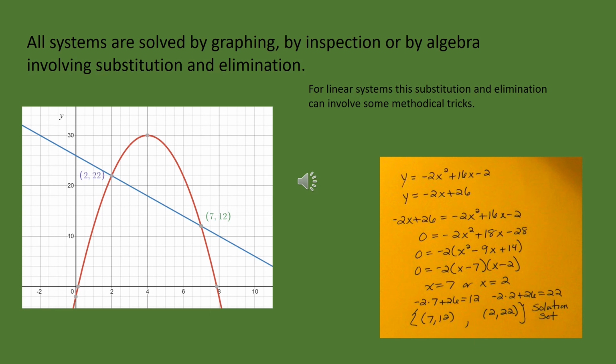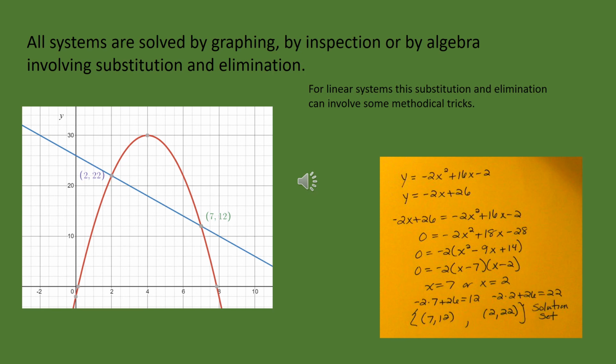I show an example here where both the quadratic equation and the linear equation were solved for y. We're looking for where the y's are the same because you're looking for where the points are the same for both equations. So set the two expressions equal to each other since they're both equal to y. Collect like terms. In this case, it factors nicely because our solutions are 7 and 2.